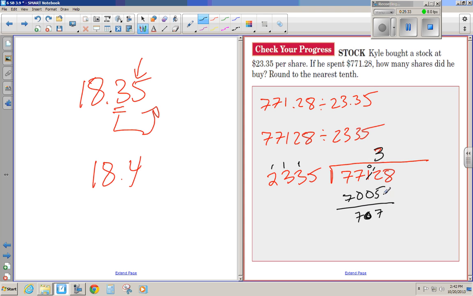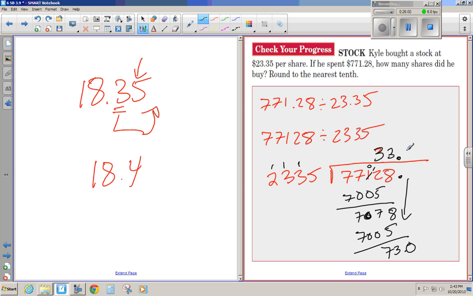All right. Drop down the 8. And if you look, it's going to be another 3. Here are our decimals lined up. 3 times all that is once again 7005. So that becomes a 73. Oh, that 2335 can't go into 730.